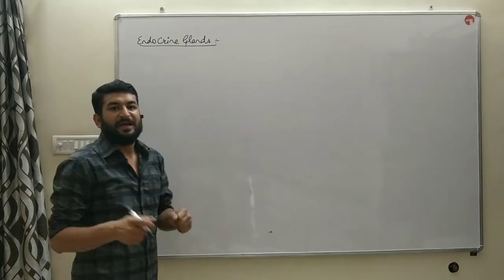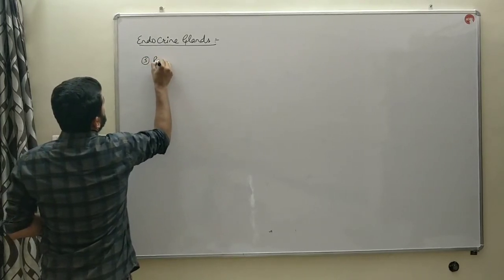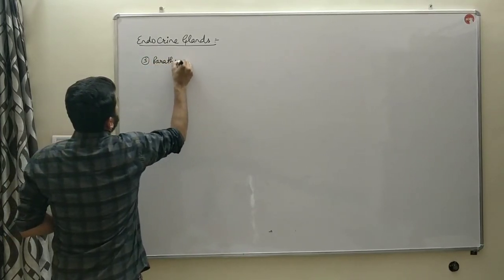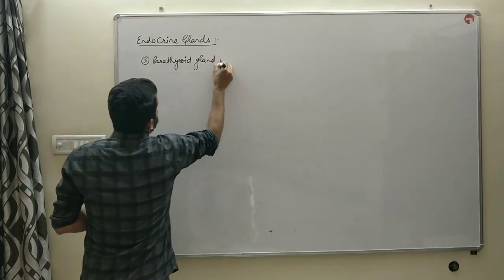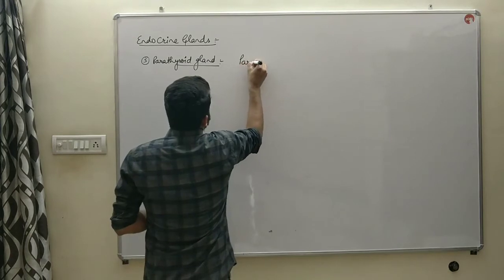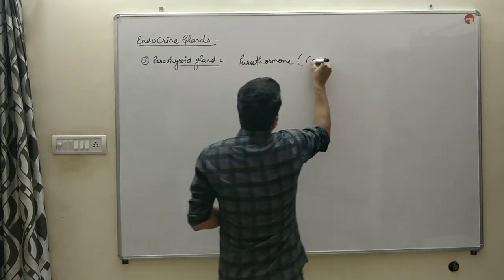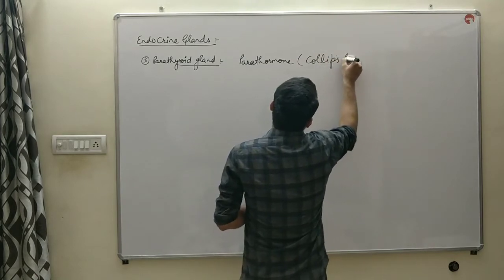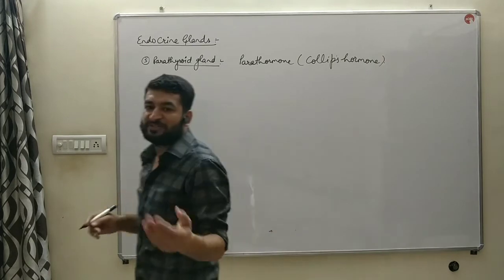The next gland which we have to discuss is the parathyroid gland. This gland is also present in the neck region, and it secretes a hormone named parathyroid hormone. This hormone is also known as Collip's hormone, after the scientist who discovered it.